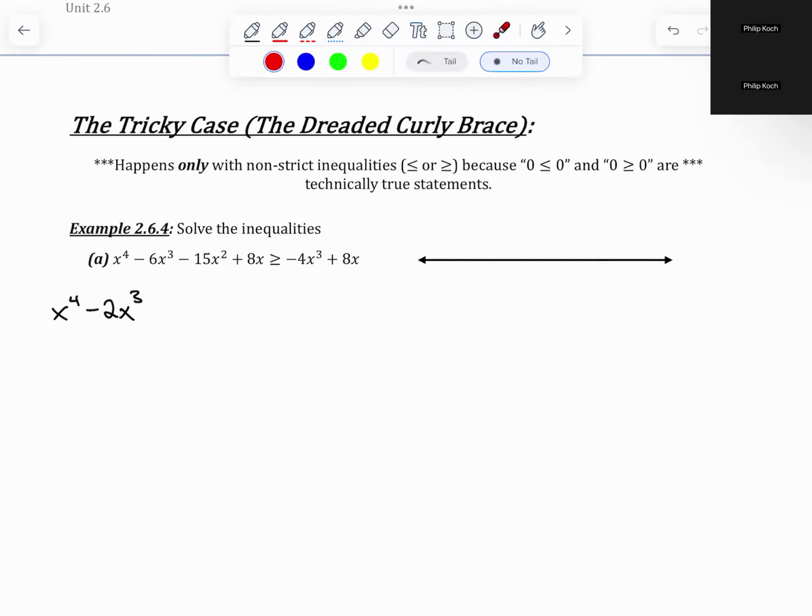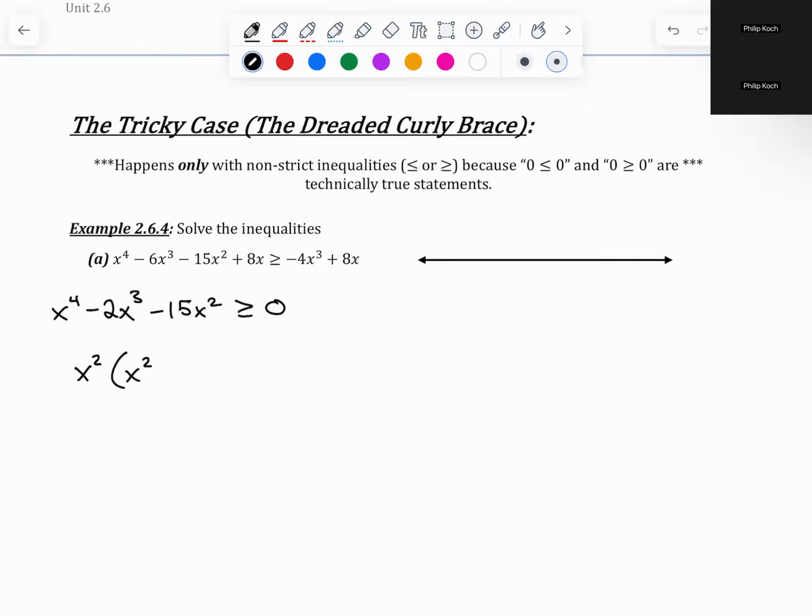Then I have a minus 15x squared. And then I have a positive 8x minus an 8x. Those cancel out. So this is what I have. X to the 4th minus 2x cubed minus 15x squared. There's a common factor of x squared that can be pulled out front. So we'll factor that out.